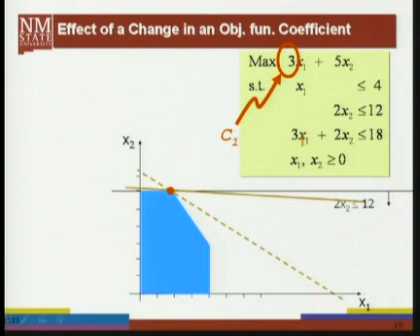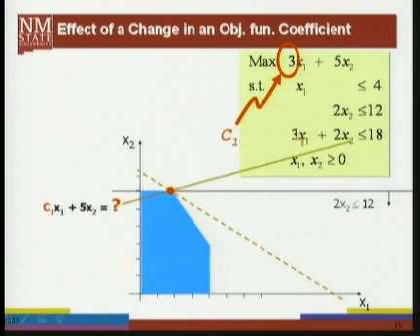Okay? And then it becomes steeper than the plant number 2 constraint. This is the plant number 2 constraint. Okay? Then what happened to the optimal solution? Do we still have the same optimal solution? No, right?